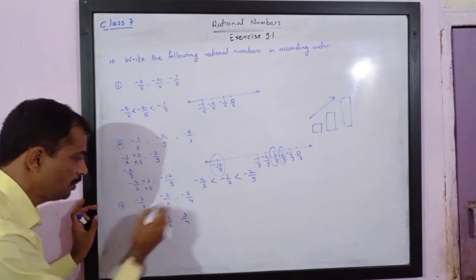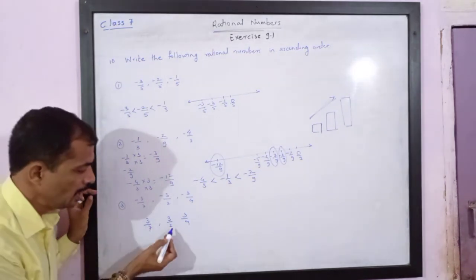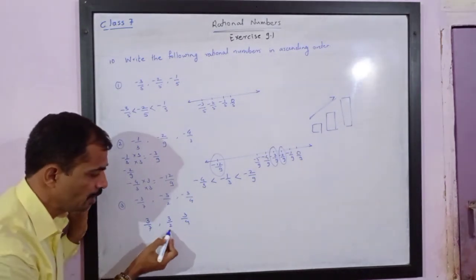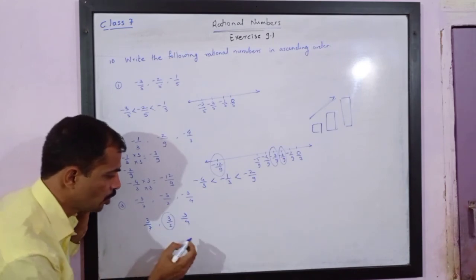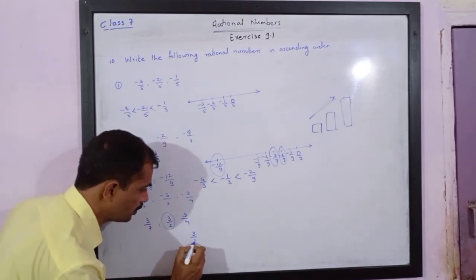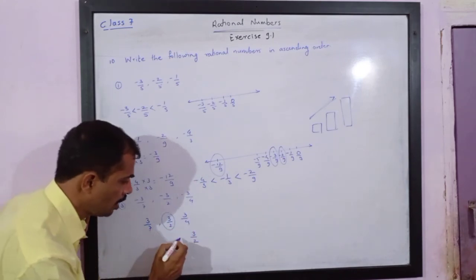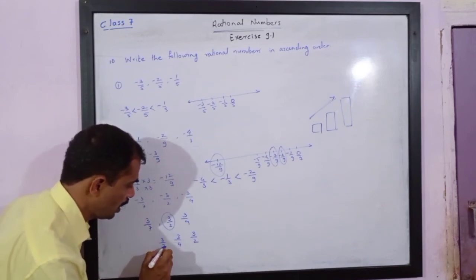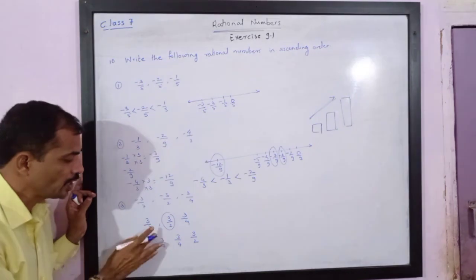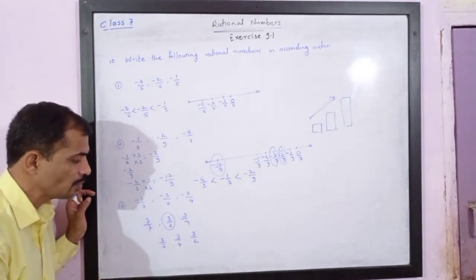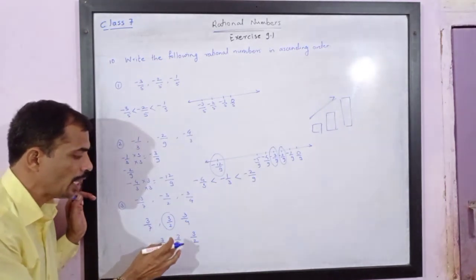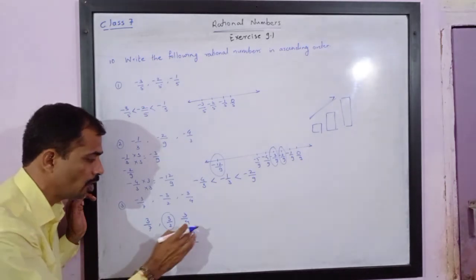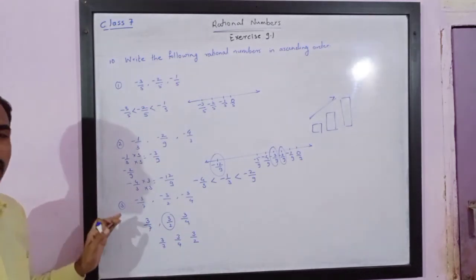So among these, the one whose denominator is smaller must be the bigger fraction. So 3 upon 2 is bigger than 3 upon 4, which is bigger than 3 upon 7. Please note, in positive fractions we have got 3 upon 7 as the smallest, 3 upon 4 as slightly bigger than that, and 3 upon 2 is the biggest among the fractions.